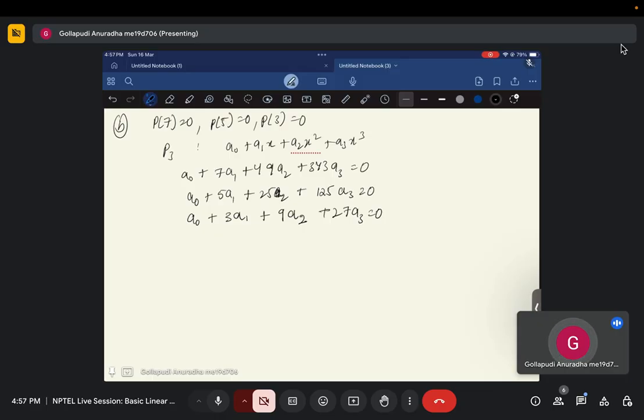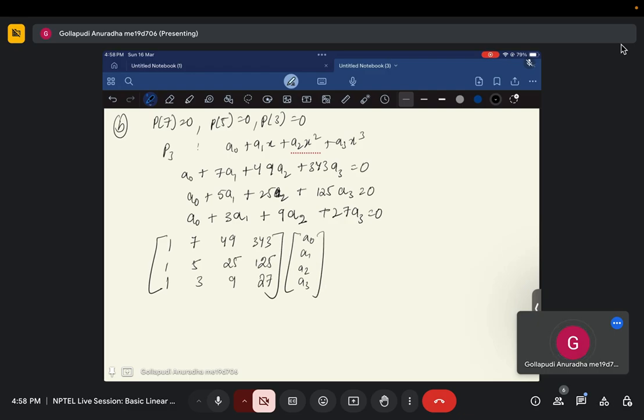I want to find the relations of a0, a1, a2, a3. So I can do it like this, in matrix form: rows 1 7 49 343, 1 5 25 125, 1 3 9 27, times a0, a1, a2, a3 equals 0 0 0 0.